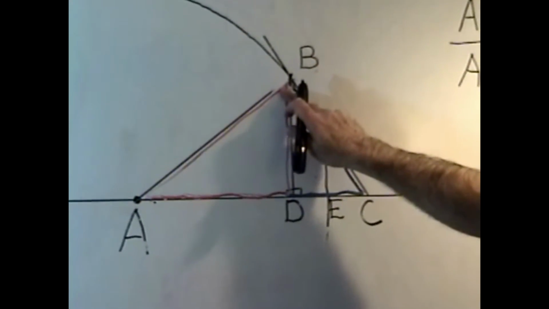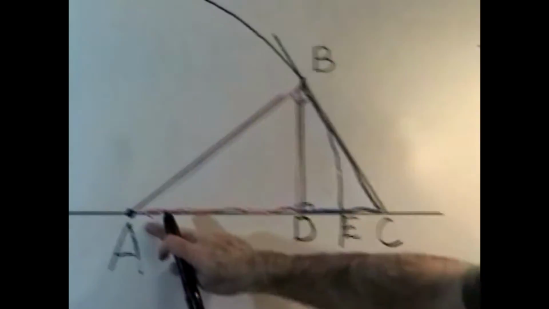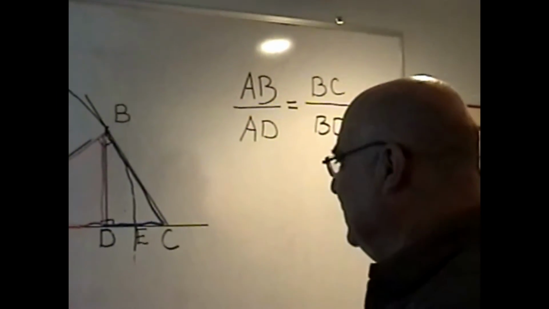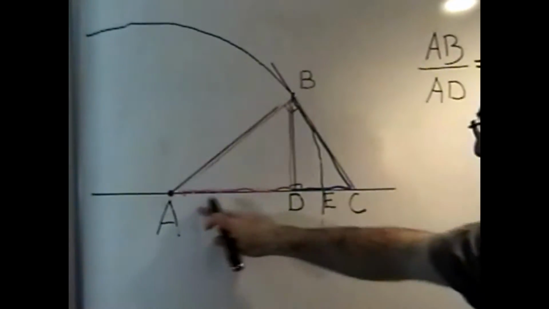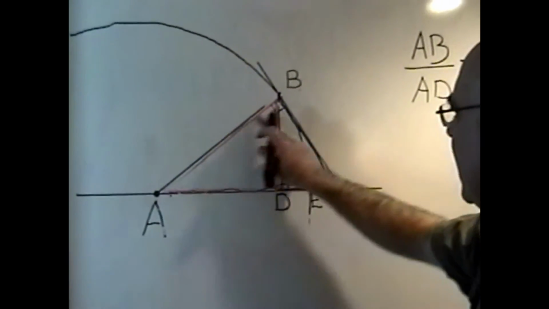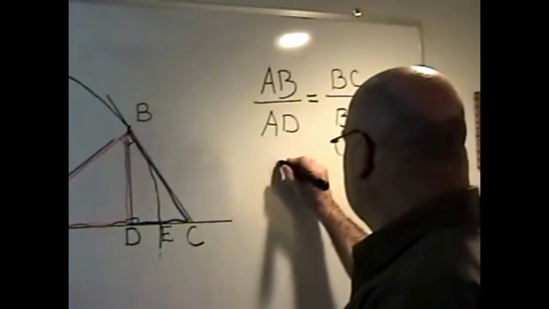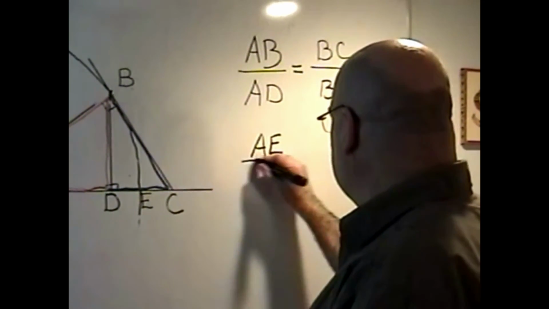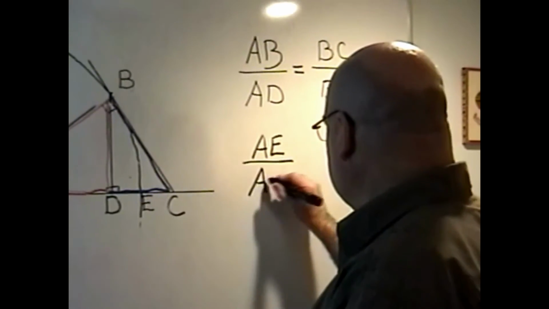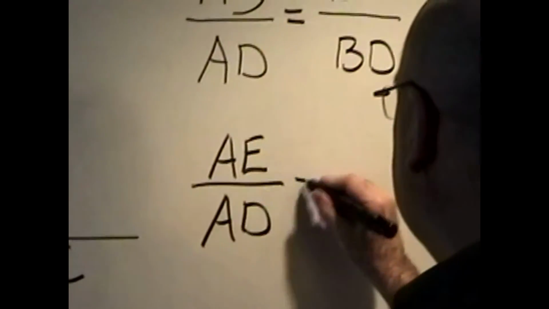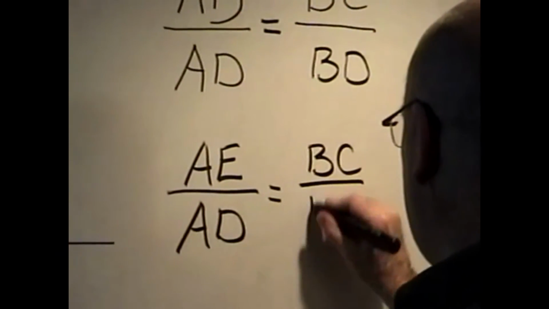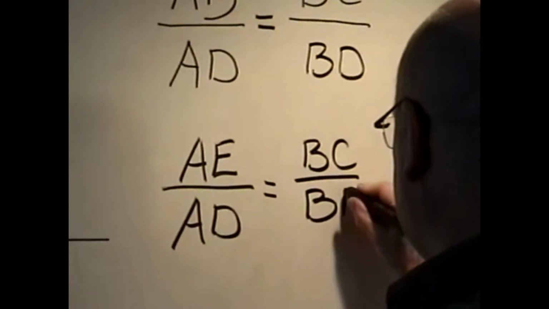Now, AB is a radius of the circle, and AE is also a radius of the circle. So we're going to substitute AE in for AB. So now we have AE over AD equals BC over BD.